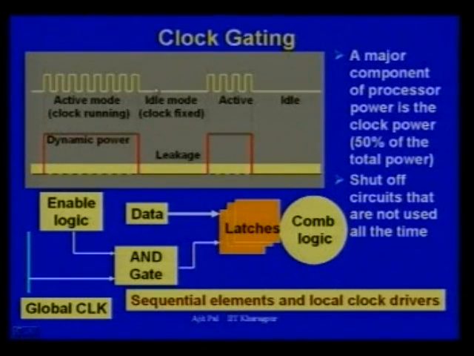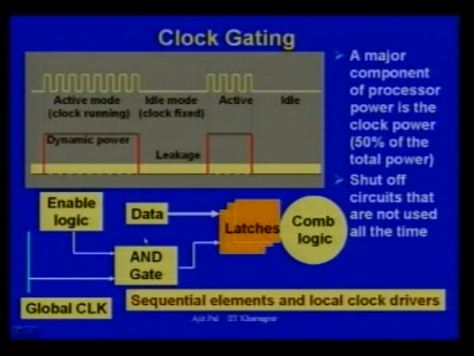Another approach is clock gating. As I was mentioning, whenever a particular part of the circuit is not active, for example, you are loading some value in this latch. Normally the global clock is applied here, and every time data changes take place, unnecessary transitions occur.